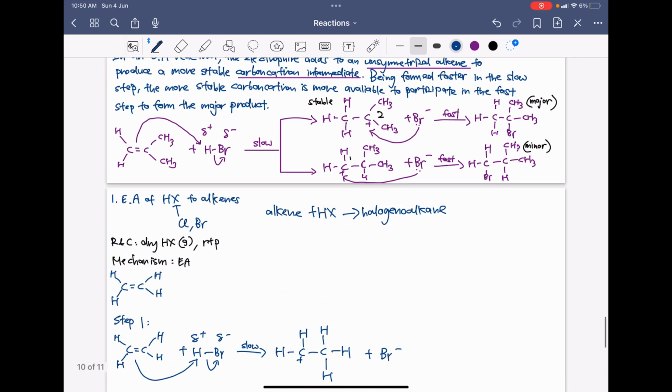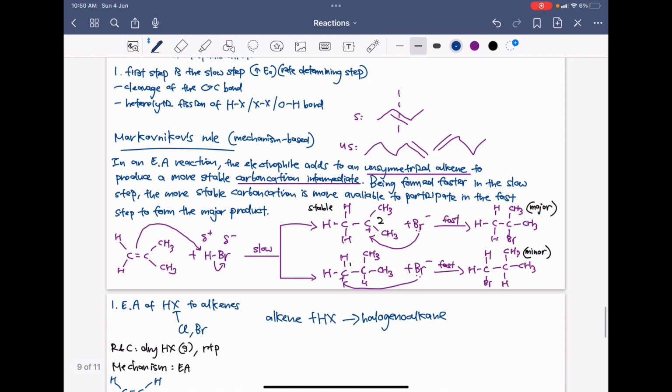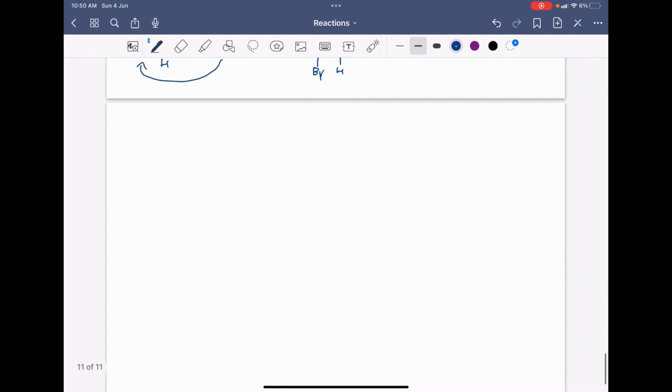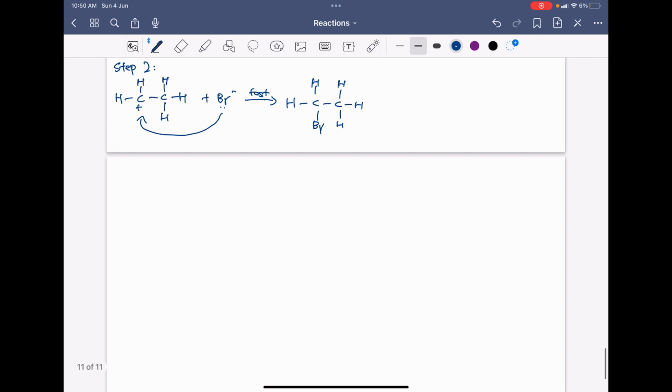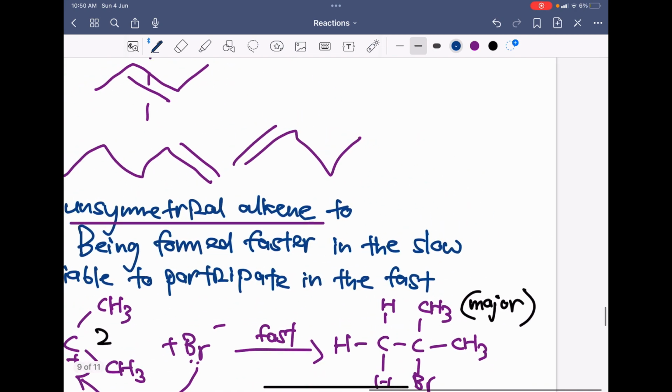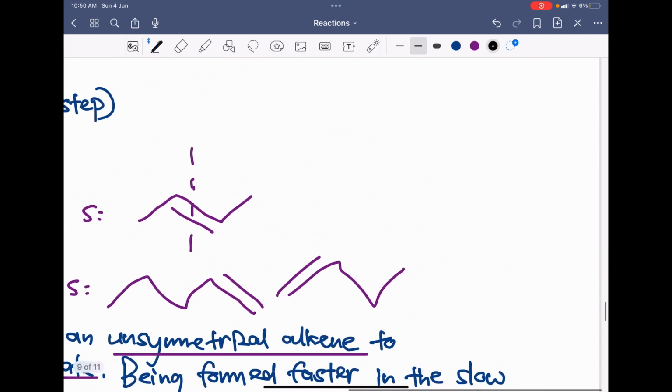And if you realize, the concept is pretty much the same, which is mechanism based. There are a few exceptions to Markovnikov's rule though. Actually, we should talk about that now. The exceptions to Markovnikov's rule are quite simple.